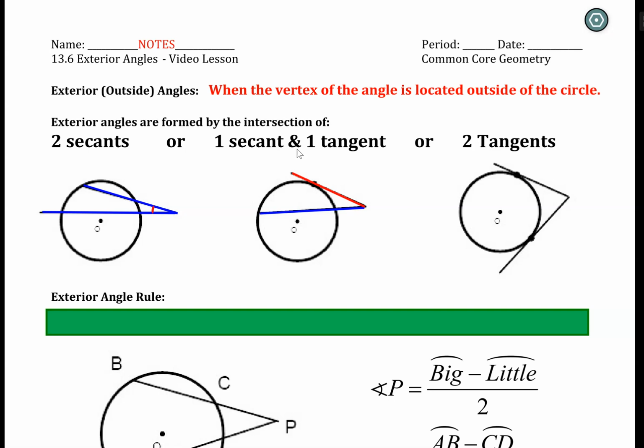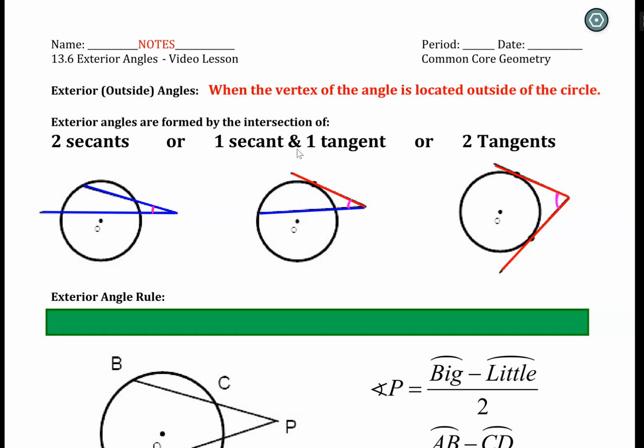The best way of thinking of that is a line that just touches the edge of the curve. And last but not least, we could have one created by two tangent lines, like so. So that's the way we're going to get these exterior angles. Either version, this is the angle that we're talking about.